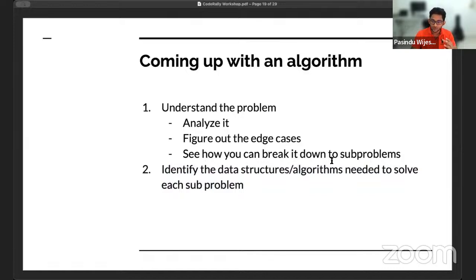How you break down a problem into subproblems is also going to depend on what knowledge you have about data structures and algorithms, from very primitive data structures like arrays or variables up to very complex ones. It's all going to depend on how well you can utilize them.